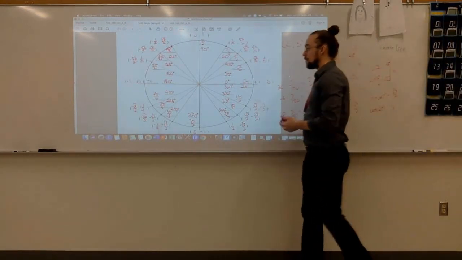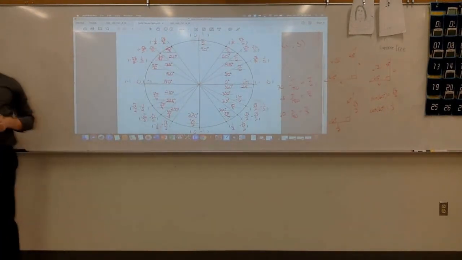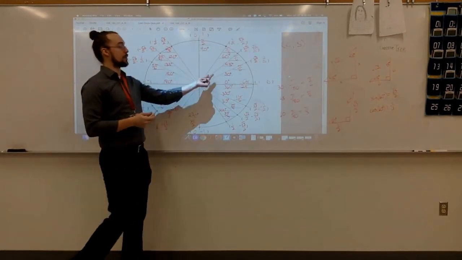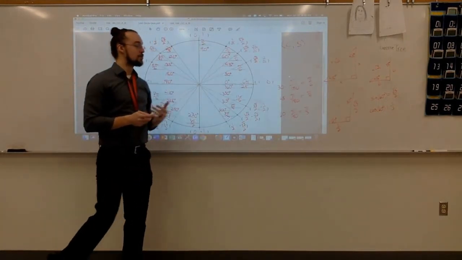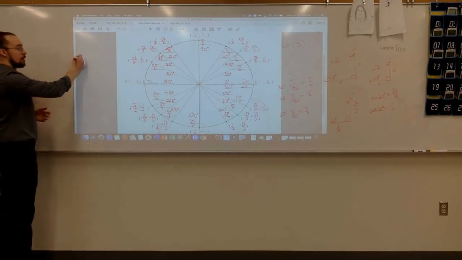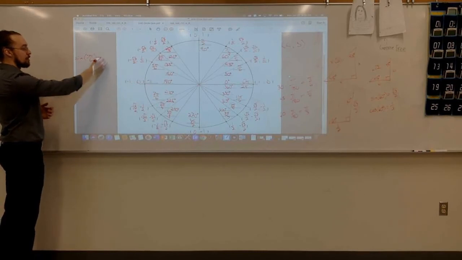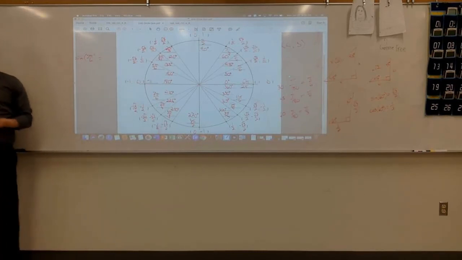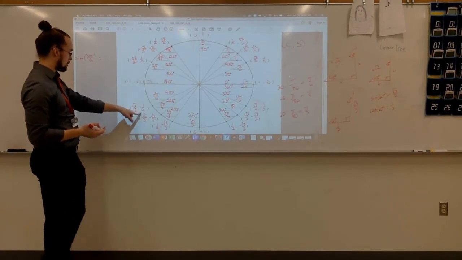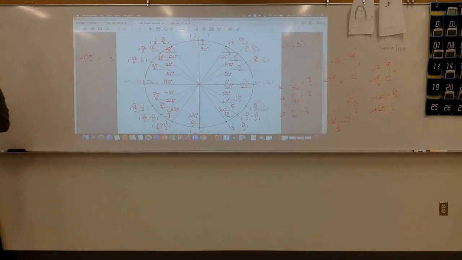So this unit circle allows us to express the trig functions of any of these angles, whether we express the angle in degrees or radians. We could say something like sine of 7 pi over 6. Sine we know is the y value, so if I go to 7 pi over 6, the sine of that is -1/2.